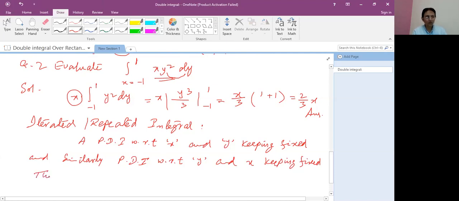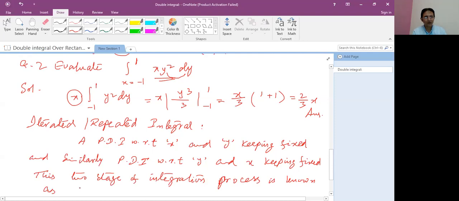So this two-stage process of integration is known as iterated or repeated integral.